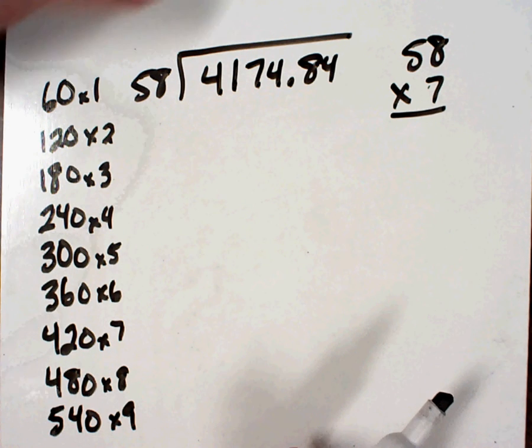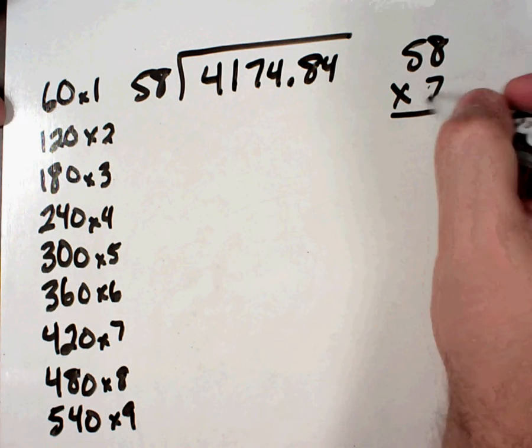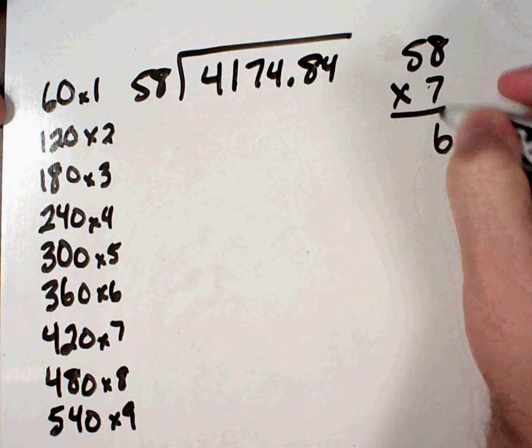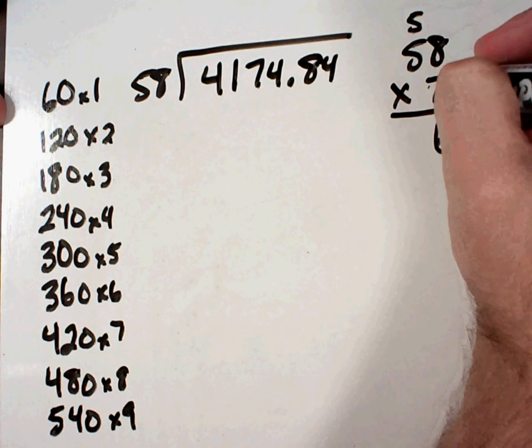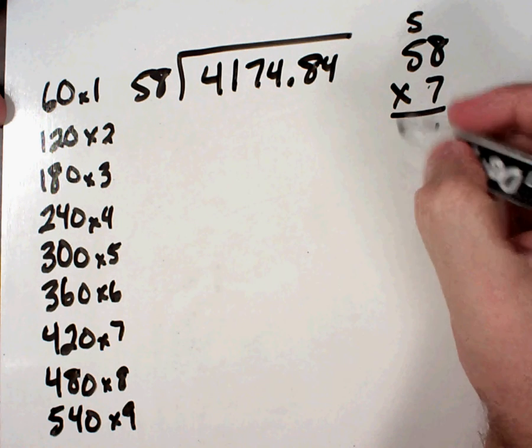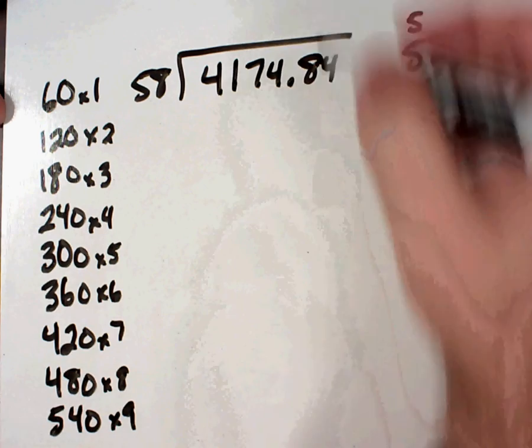So we should be okay, because I know 417 is less than 420, but when we do this multiplication, it should be less. All right, 8 times 7 gives me 56, carry my 5. 7 times 5 is 35, plus 5 is 40, so I end up with 406.